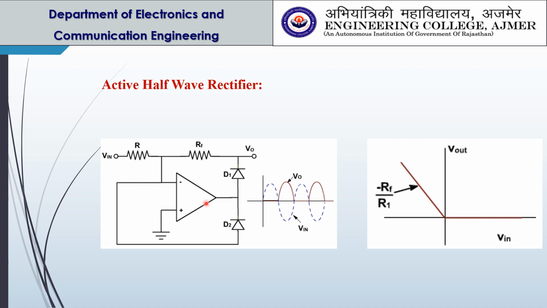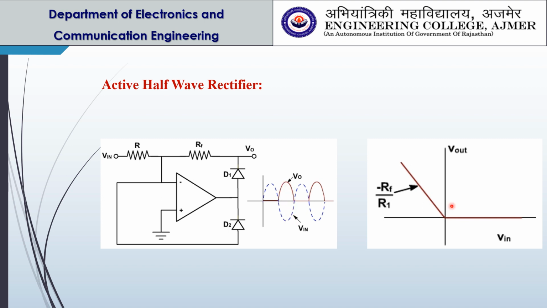If Vin is in sinusoidal form, the circuit performs half-wave rectification. So for the negative cycle, the output is amplified by a factor of minus RF upon R, and the input is also negative, so two negatives will become positive.